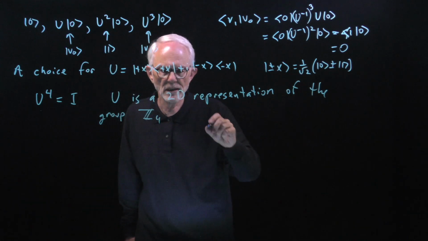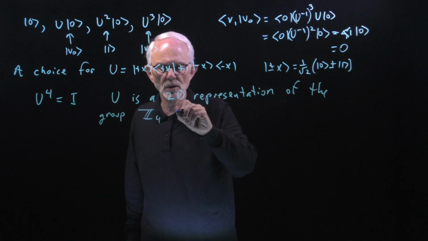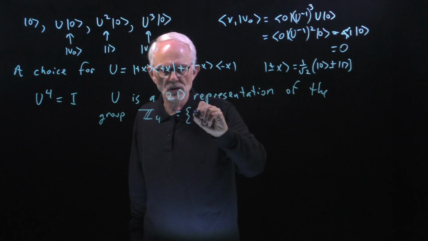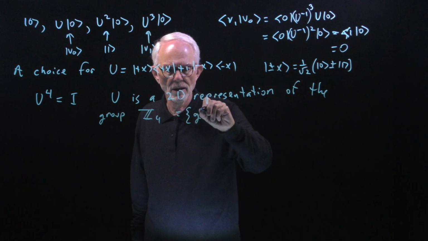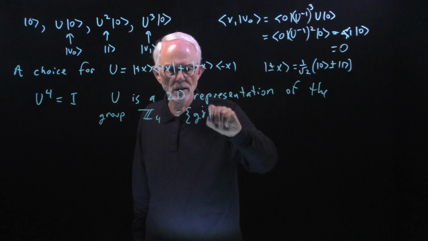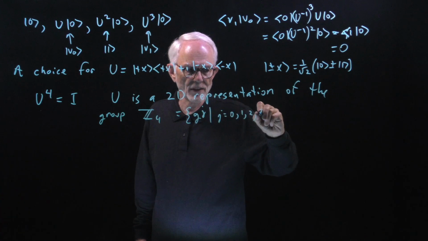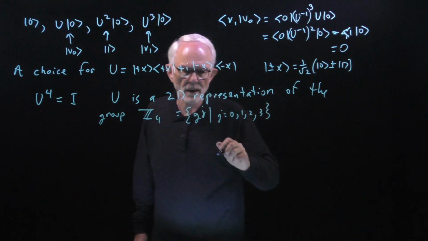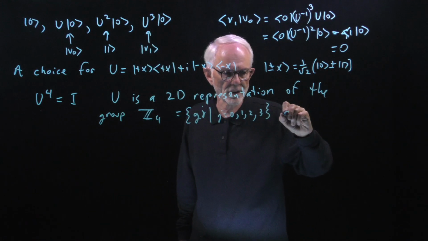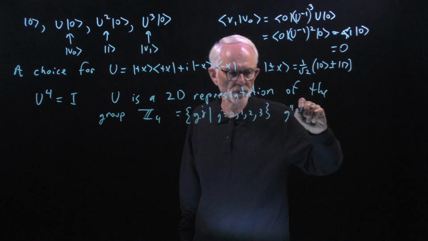Another way of writing it is some generator G to the J, where J equals 0, 1, 2, and 3. And of course, G to the fourth would be equal to the identity.